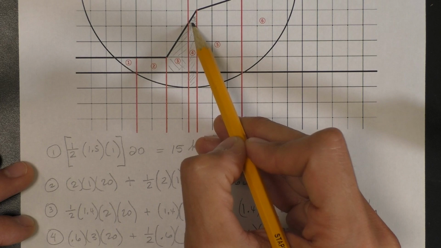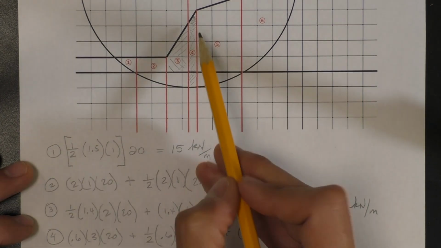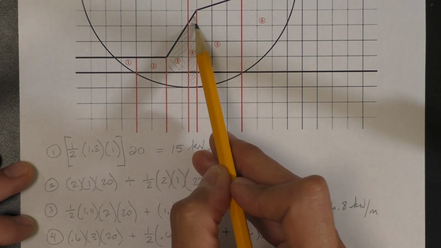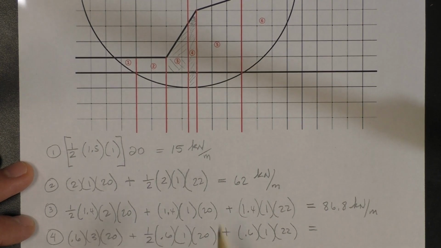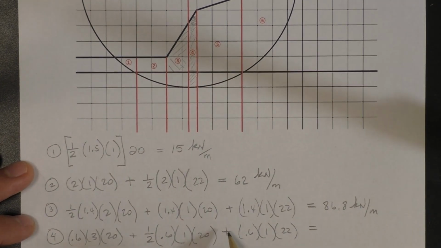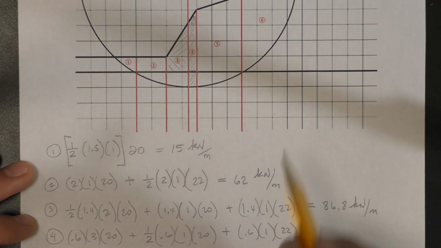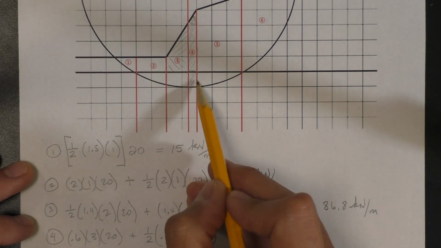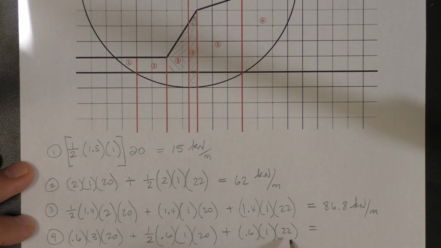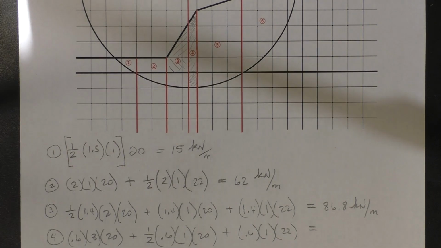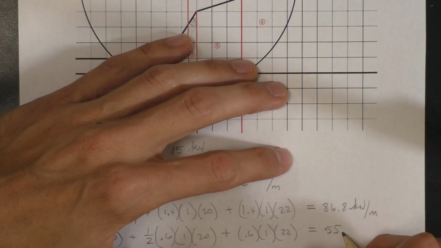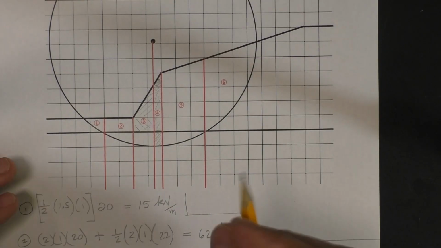Then the little triangle up here, 1/2 base 0.6 times height 1 times 20 kilonewton per meter cubed. And then this bottom part here, which is 0.6 times 1 times 22 kilonewton per meter cubed. That gives 55.2.